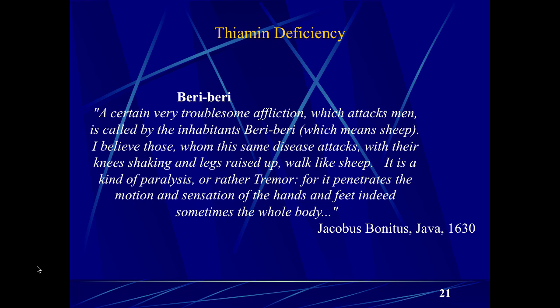Peripheral neuropathy. And as the name implies, it tends to be dysfunction in the nervous system that starts in the peripheral tissues. In other words, fingers, toes, feet, hands, and then kind of works inward.